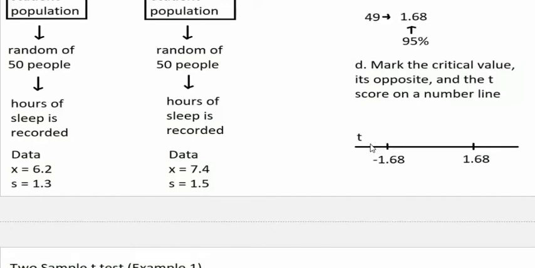If your t-score ends up out here at the right end, you're confidently concluding that the mean of population 1 is higher than the mean of population 2, and you're confidently rejecting the possibility, the null hypothesis, that there's no difference. And if your t-score is in between, then you're not confident that there's a difference. So that's retaining the null hypothesis.